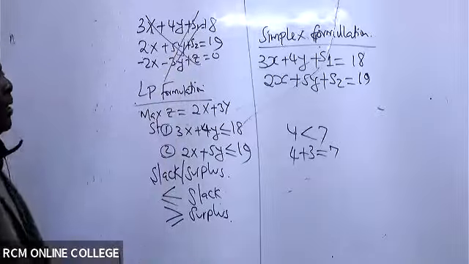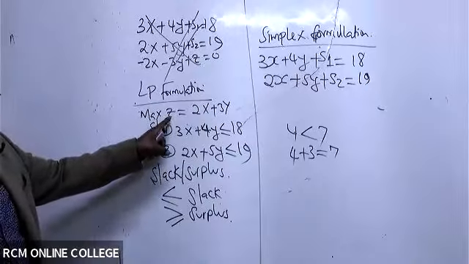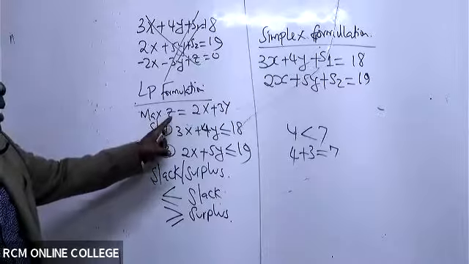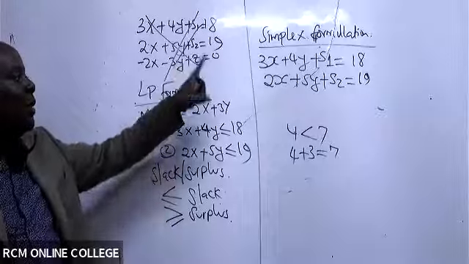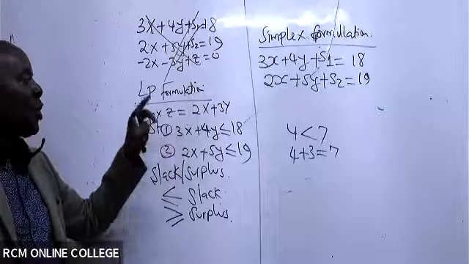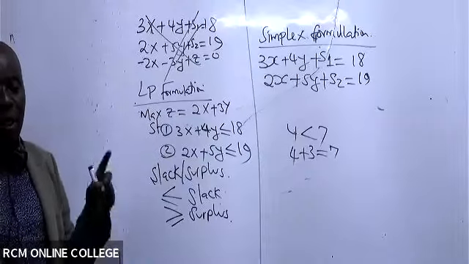Now we come and make this z. Remember, we have to have the z equation in the simplex formulation. The z equation must read equal to 0.